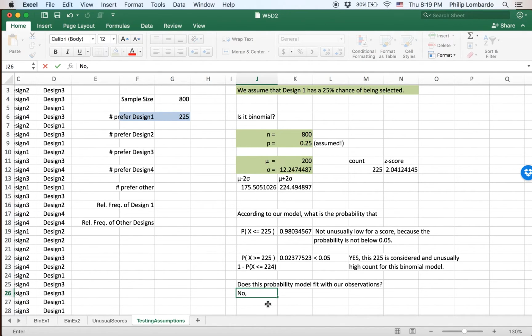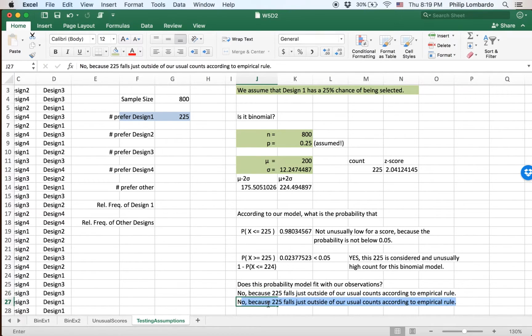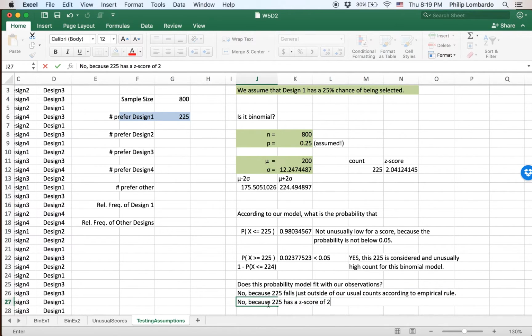First of all, 225 falls just outside of our usual counts according to our empirical rule, moving 2 standard deviations from the mean in either direction. Our other reason is that 225 has a z-score of 2.04, which is an unusual z-score.